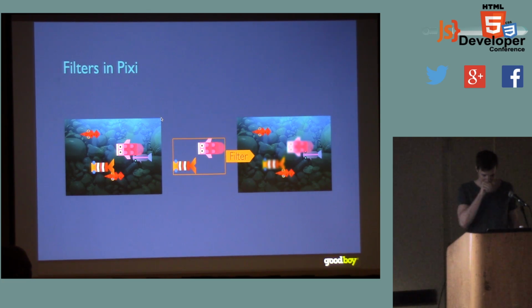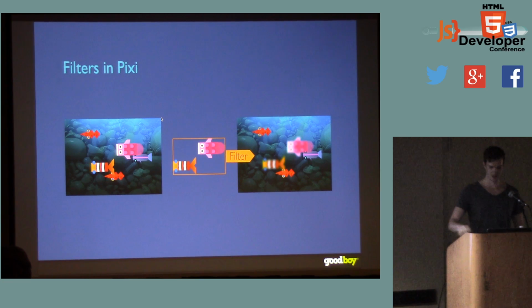Imagine you're rendering this scene, with this pink fish and this yellowy fish in the same container, and you've put a blur filter on that container. Pixie renders all the objects, then hits this container and sees there's a filter on it.